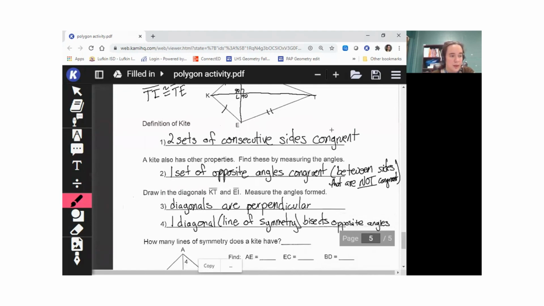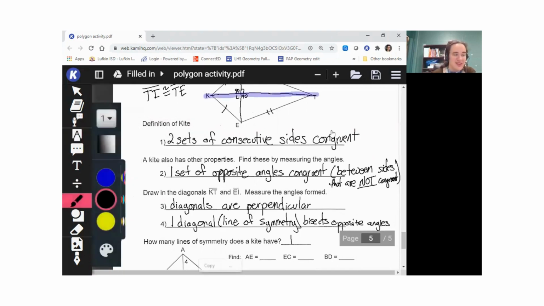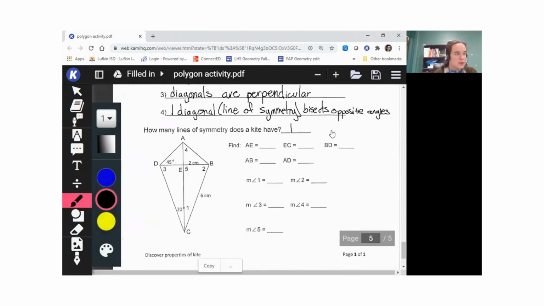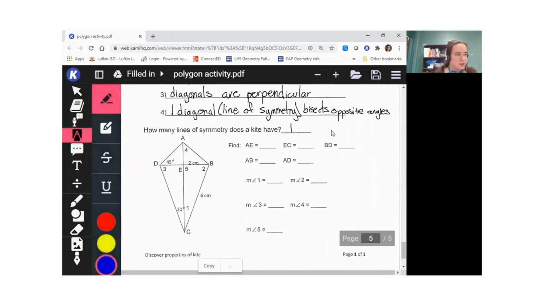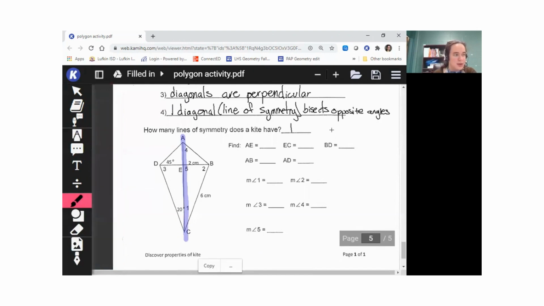So there's only one line of symmetry in this, and in this one it would be KT. So again, remember the line of symmetry, what's on one side has to be on the other. So in our figure here, our line of symmetry would be AC. And again, what's on one side is on the other.